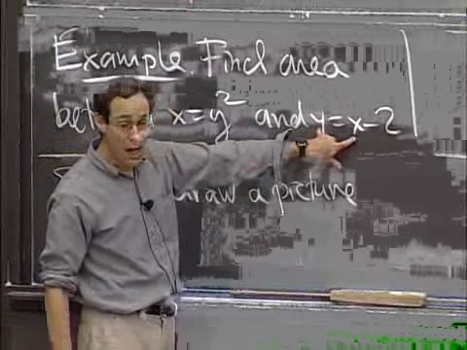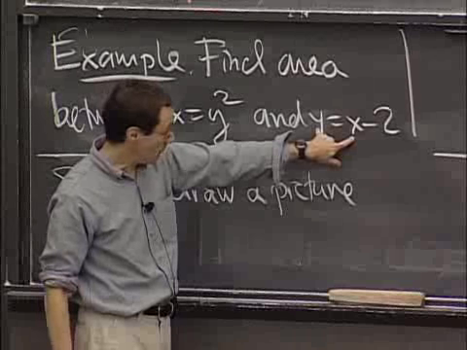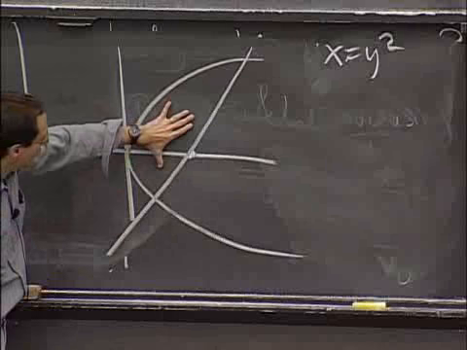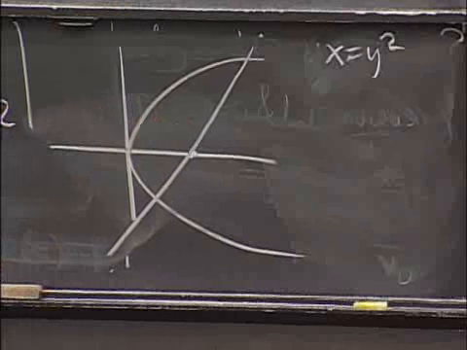The second curve is a straight line of slope 1, starting at x equals 2, y equals 0. It goes through this place here, which is 2 over, and it has slope 1. So it does this. And this shape in here is what we mean by the area between the curves.